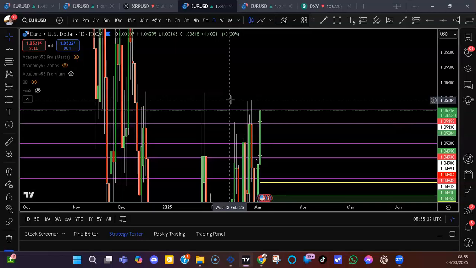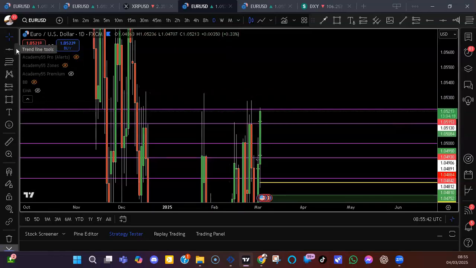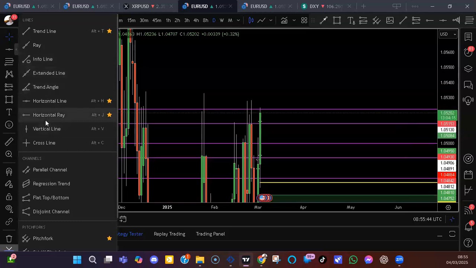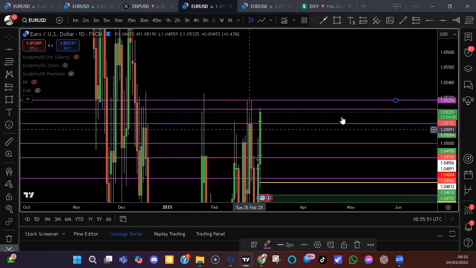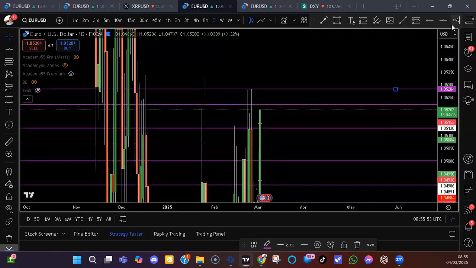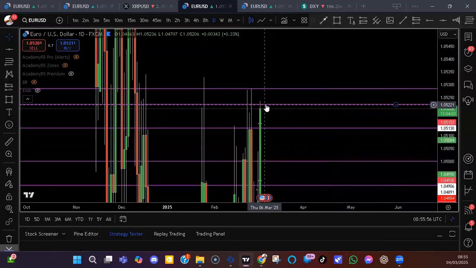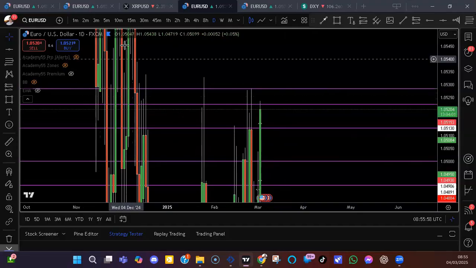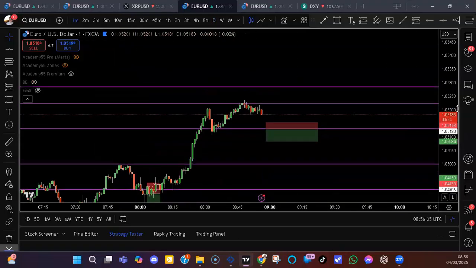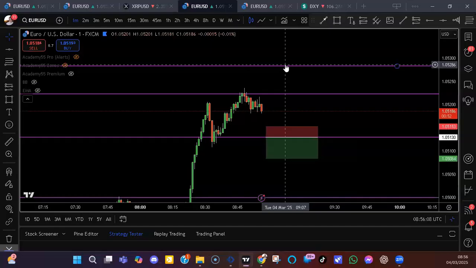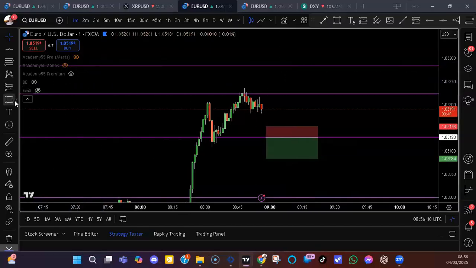I'm on the daily time frame now, so we could be seeing price wanting to maybe go up to that's the next big area to look at here. So if they do break this, they could indeed be heading up to there with the euro.